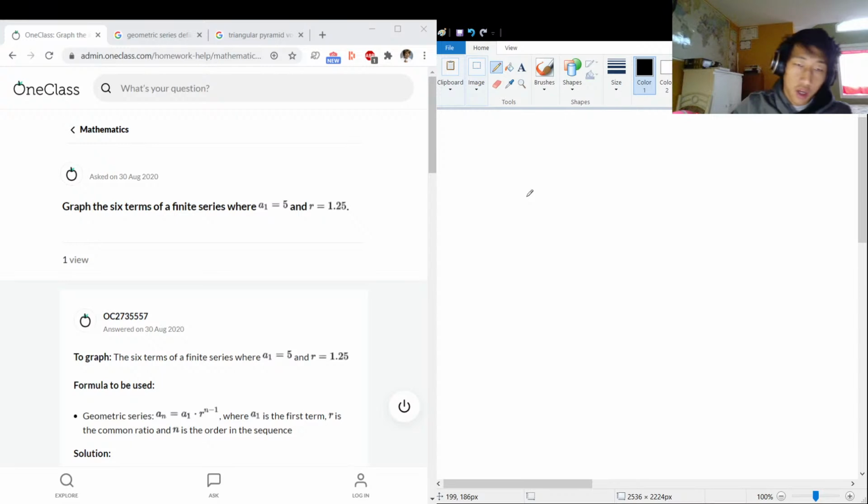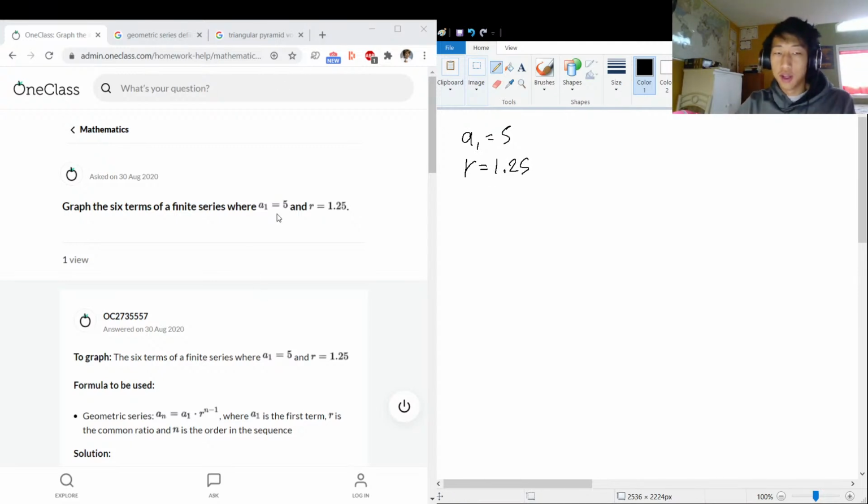Okay, so the next thing on our menu is: graph the 6 terms of a finite series where A1 is equal to 5, and R is equal to 1.25.